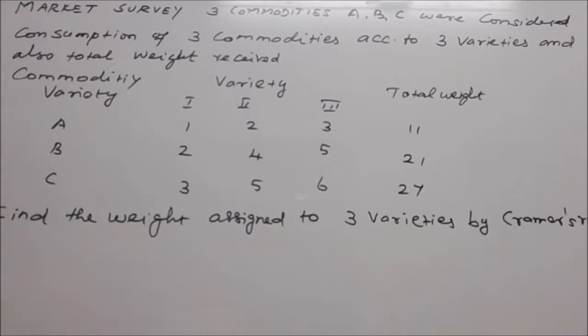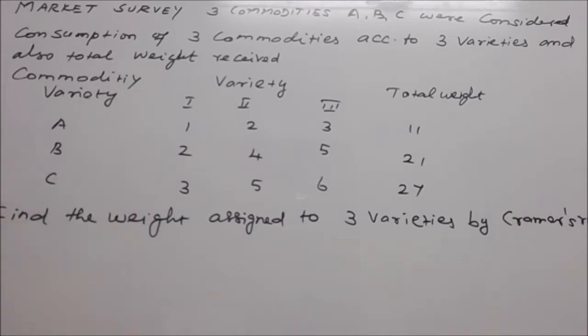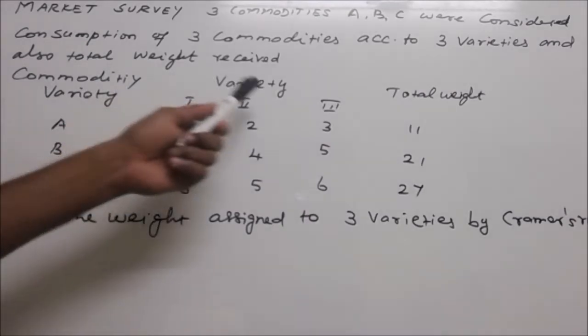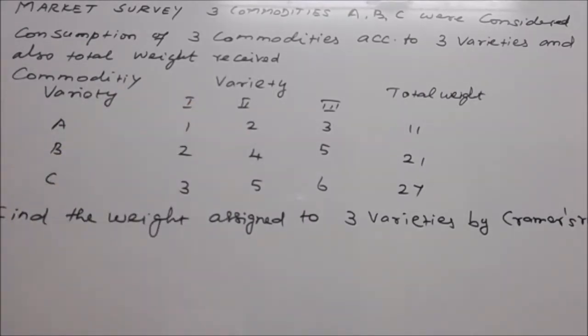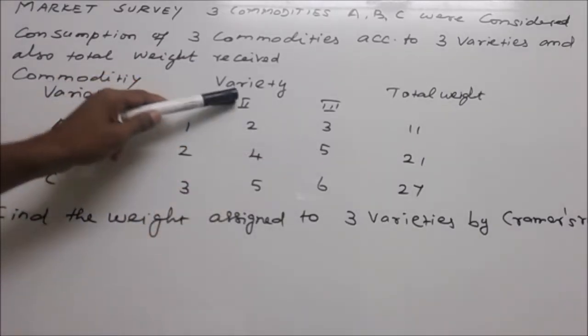Given the market survey, 3 commodities A, B, C were considered according to their consumption of 3 varieties and also the total weight received. In each commodity there are 3 varieties, 1, 2, 3.